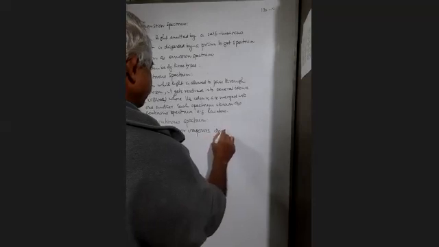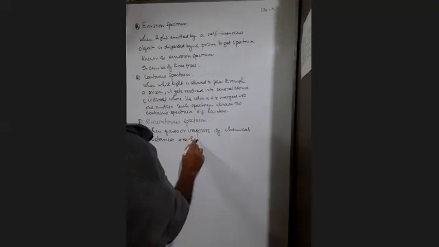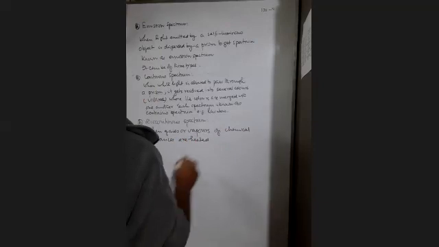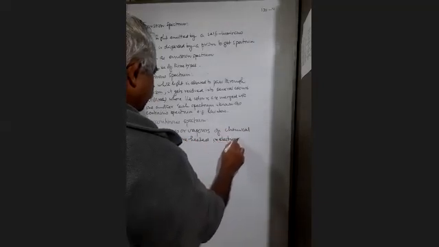So when gases or vapors of chemical substances are heated in an electric arc, you have to heat at very high temperature, or Bunsen flame.